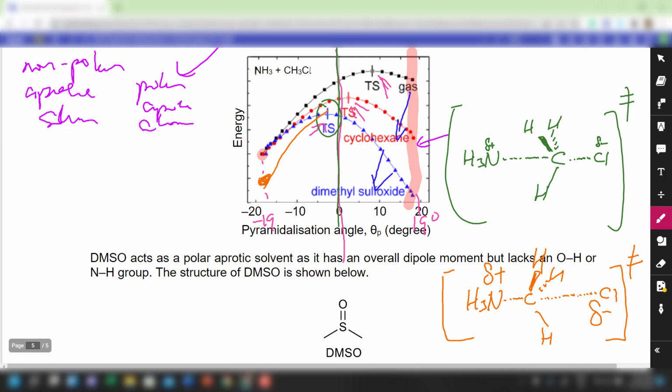And because the nucleophile is well solvated, the lone pair of electrons will not be that available to perform its role as the nucleophile to approach the electron deficient carbon center. Yeah, so that is the stabilization being imposed by the polar protic solvent. Right, so that will be the end of the review for question 4.